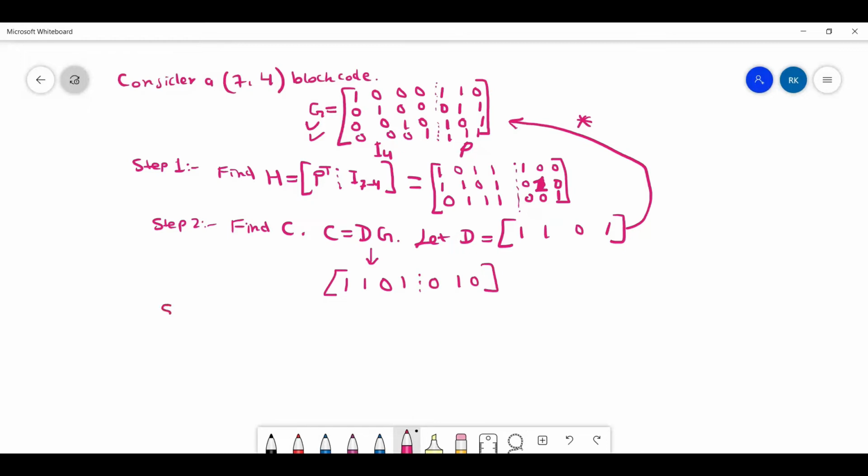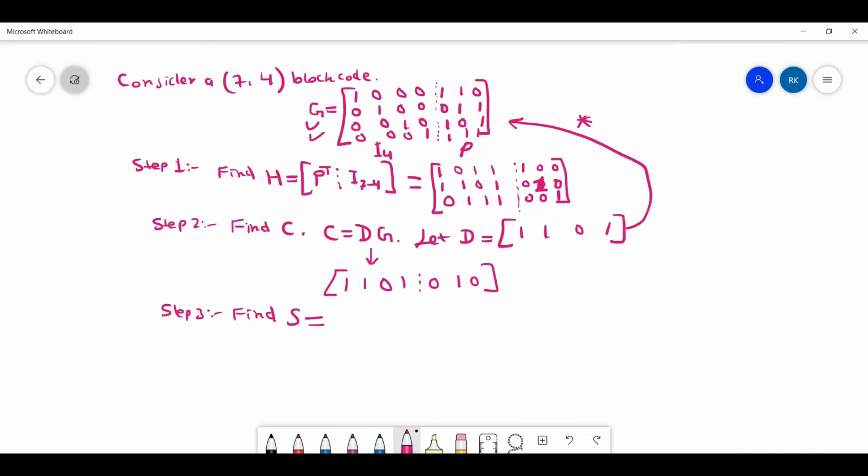Now we have step 3, find the syndrome. So the question here was how to demonstrate that the syndrome S detects and corrects an error.